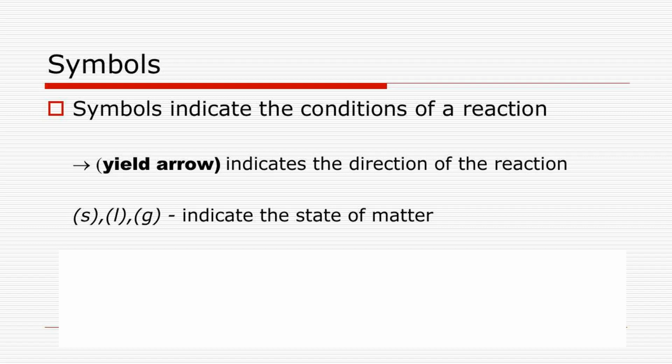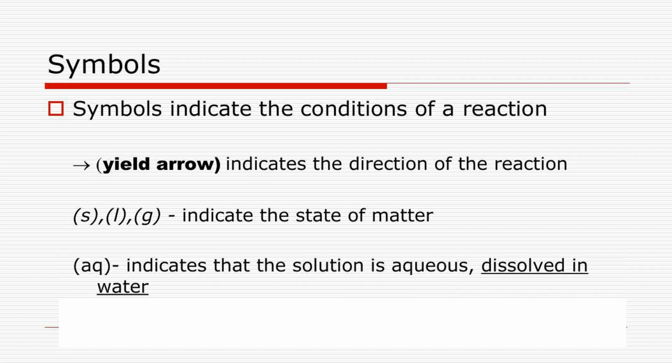And then the last one is this one, aqueous. Most of the ionic compounds that we will use in this class are going to be aqueous. So when I say ionic compounds, I'm talking about a metal reacting with a nonmetal. So aqueous indicates a solution that's dissolved in water.